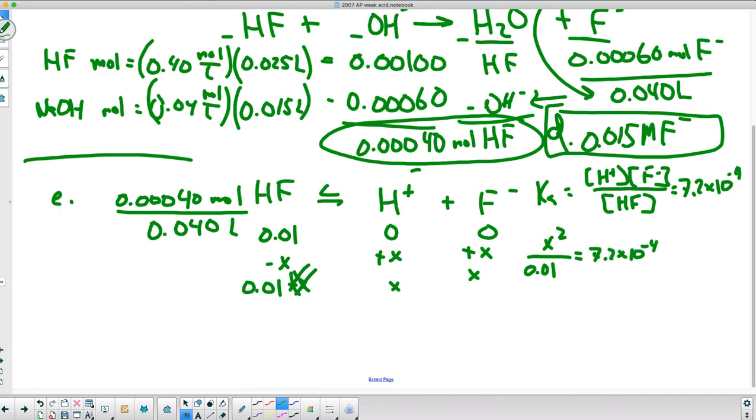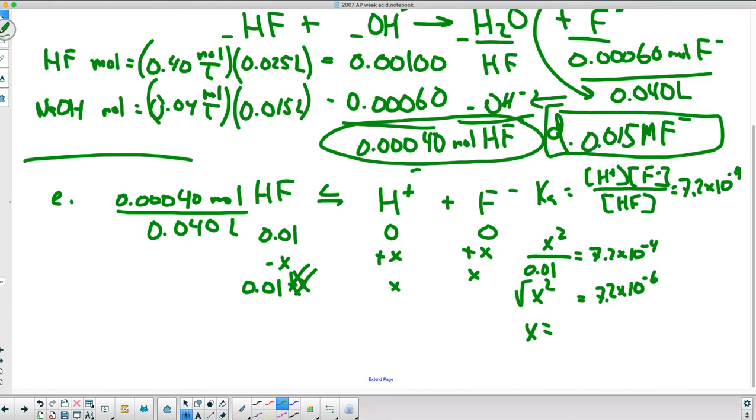So this is actually pretty easy because I just simply take these two, I multiply these two, and that gives me 7.2 times 10 to the negative sixth. X squared equals that.